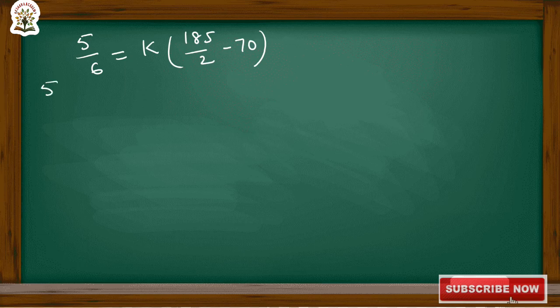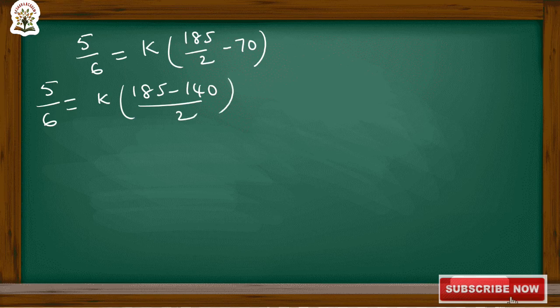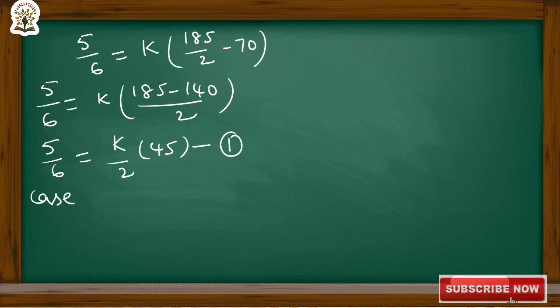Taking LCM, 5 by 6 is equal to k of (185 minus 140) by 2. It becomes 5 by 6 is equal to k by 2 of (185 minus 140), how much? 45. Consider this as equation number 1. And case 2.